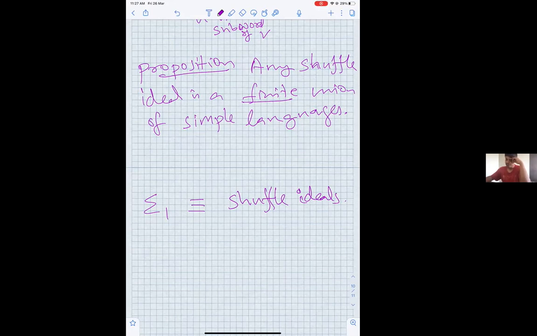Why is this proposition true? I'll tell you the reason. It is true because of a fact called Higman's theorem, which says that if I look at A star with respect to subword ordering, there are only finitely many minimal words.